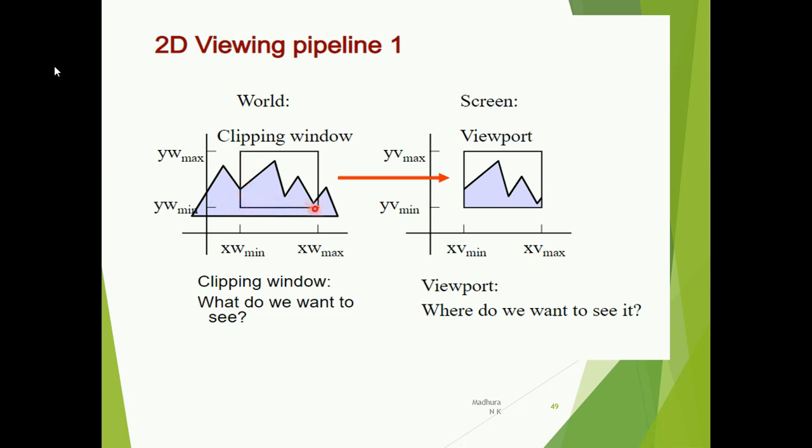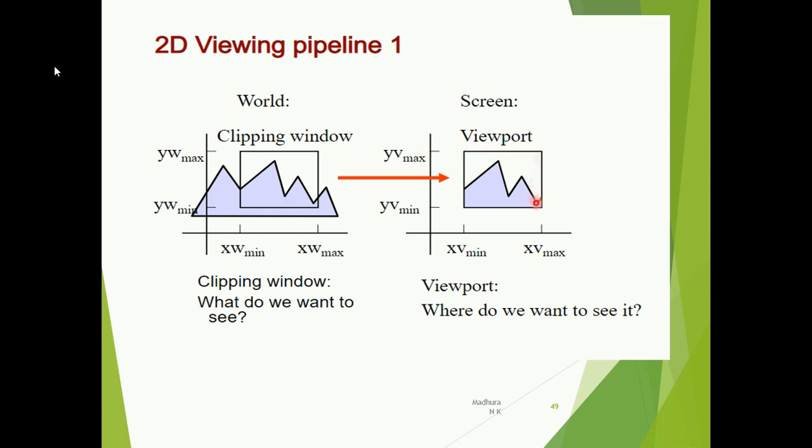Now this clipping window has to be mapped onto the screen. The coordinates you define here will not be the same as your screen coordinates, so they will be different. Again xw minimum has to be converted to xv minimum, yw minimum to yv minimum, and similarly you have xv maximum and yv maximum.